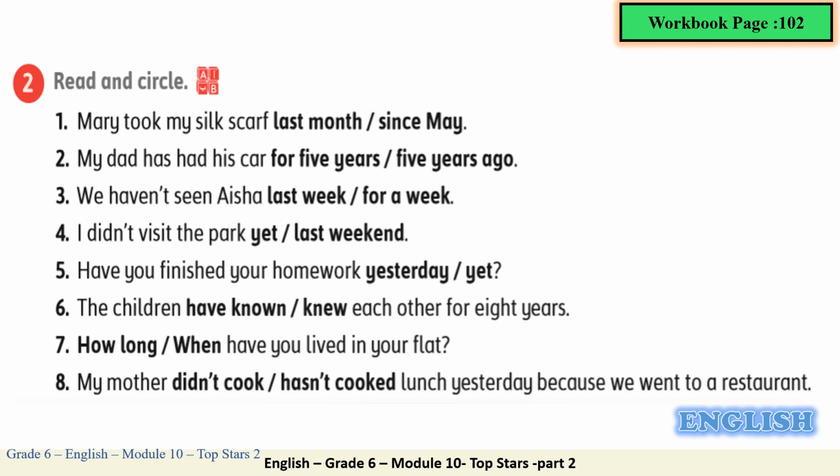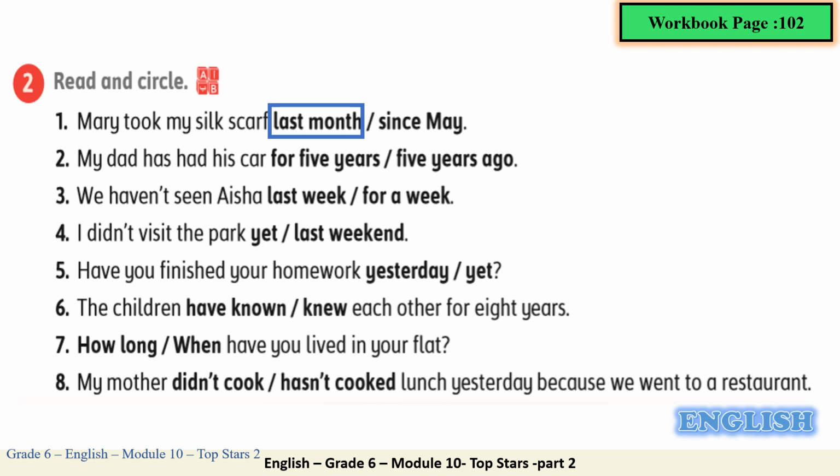Now, the verb took is excellent, verb 2. So the correct time expression should be, very good, last month, which refers to past simple. We chose last month because it refers to past simple and the verb is past simple, verb 2.